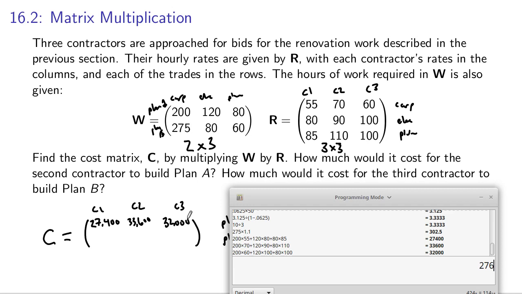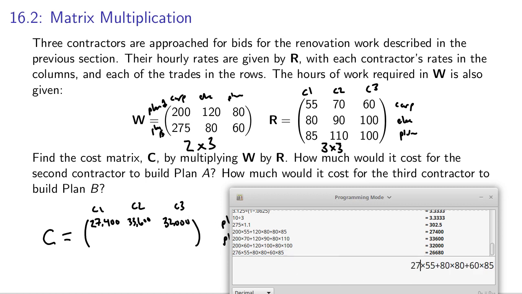Now we go to the second row of W, first column of R, 80 times 80 plus 60 times 85, 26,680. But I think I made a typo. Let's look. 275, 55. Yeah, see, I typed 276. Simple typo.